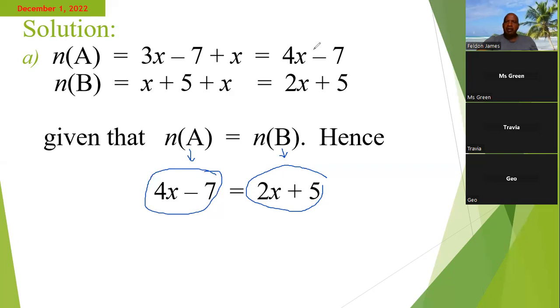And when we have made that equation now, all that we need to do next is to solve for that. All right, so we do that by bringing the numbers on one side and bringing the x's on the other side.